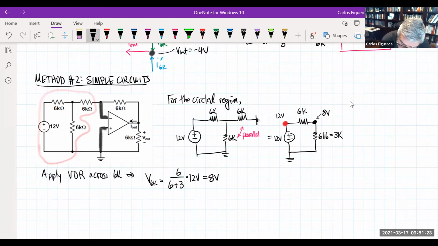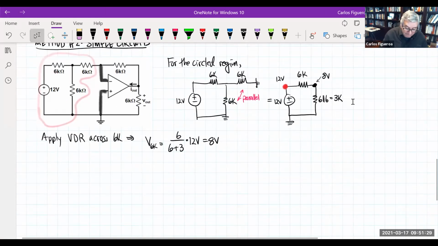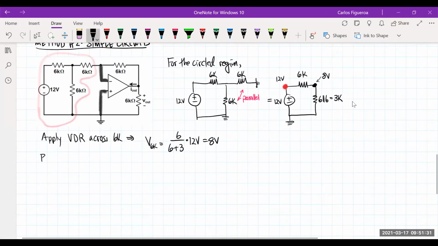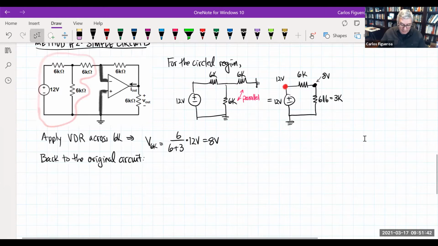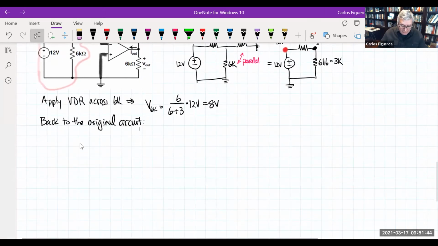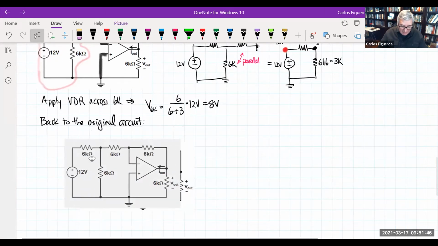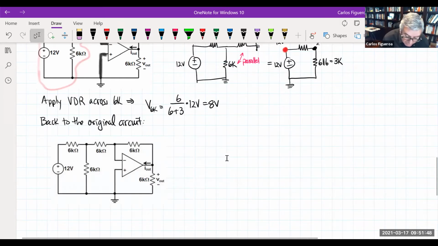So now I'm going to go back to the original circuit. What did I actually calculate right here? Well, let's look at the nodes here.